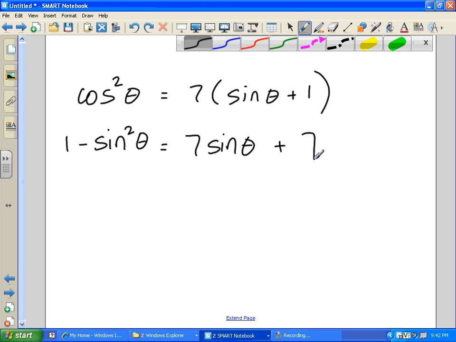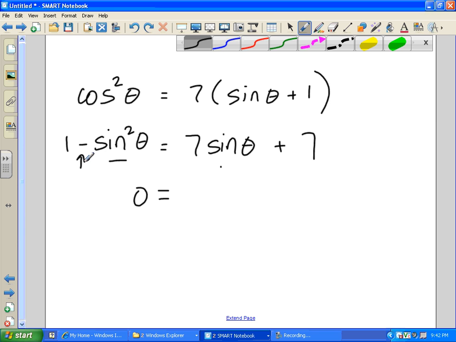Okay, so now take a step back and look what we've got. We had an equation that had a cosine and a sine. Now they only have sines. Now granted, one is a sine squared, but we can just make it into a quadratic form. So since we're going to make it in a quadratic form again, we'll set it equal to 0. And notice because that's negative right there, we're going to put everything on the right side.